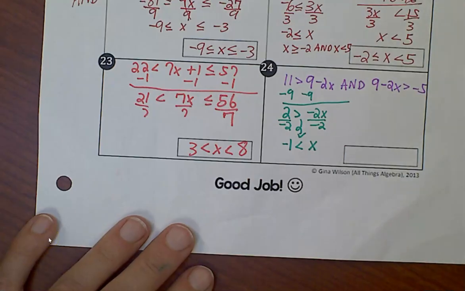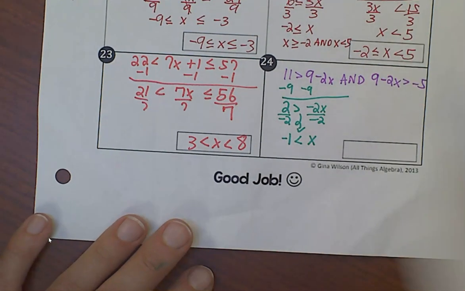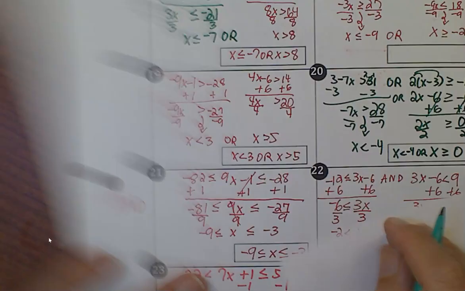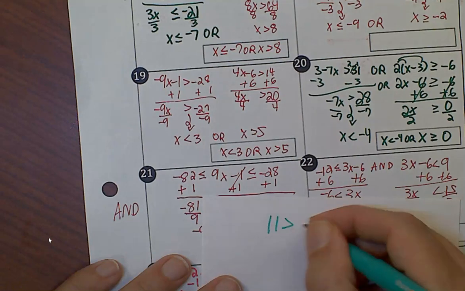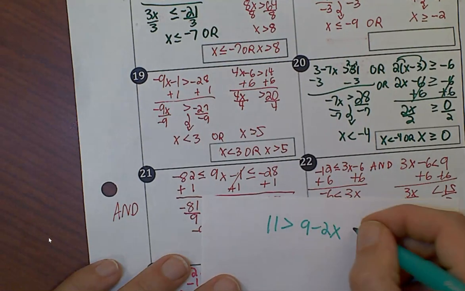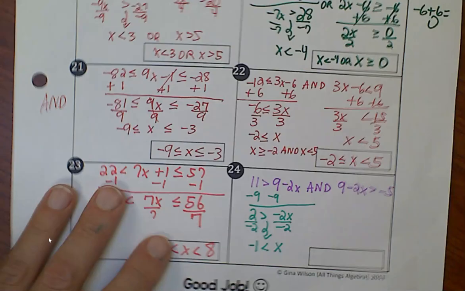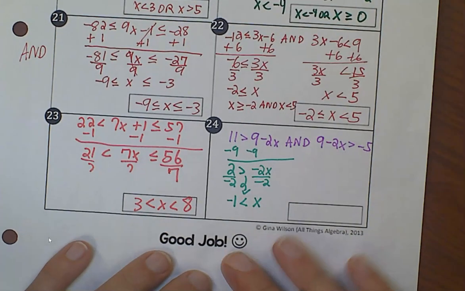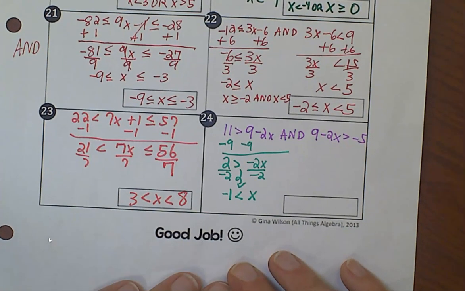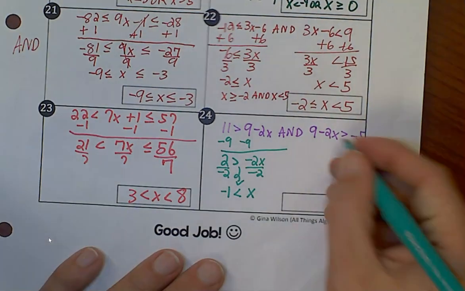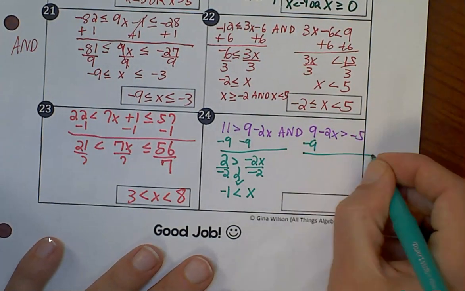Okay, let's talk about this one for a second. If I did it this other way, I'll do it both ways. But if you separate them, when I get down here, I flip it. Okay? Now watch when I flip it here.